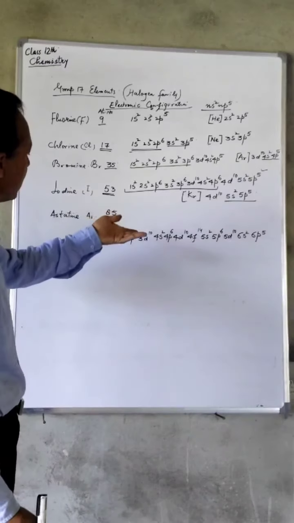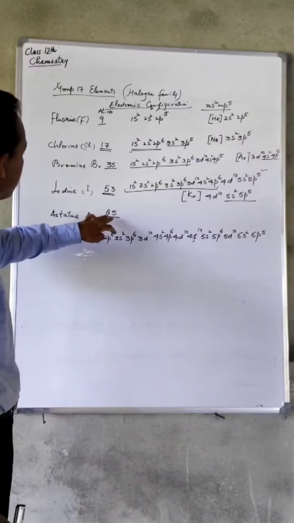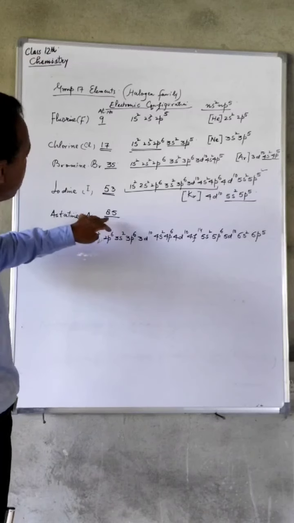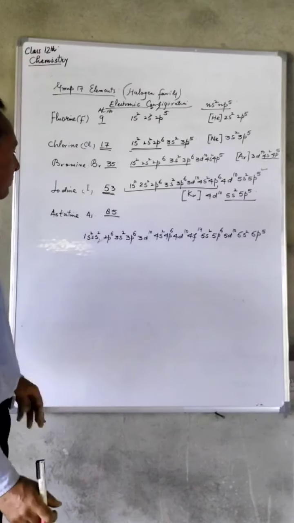Here the f subshell electrons are also filled, in the 4f orbitals, and this happens only in astatine.